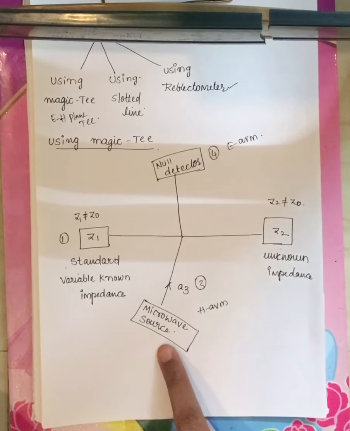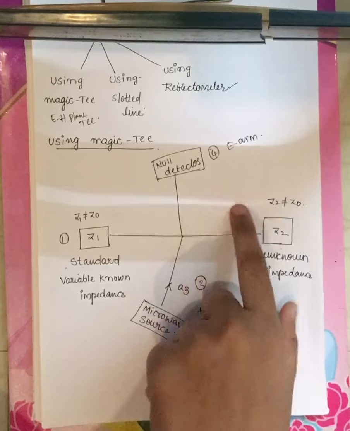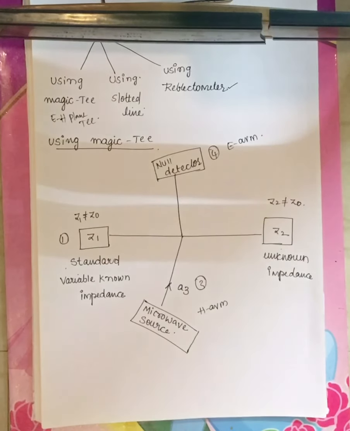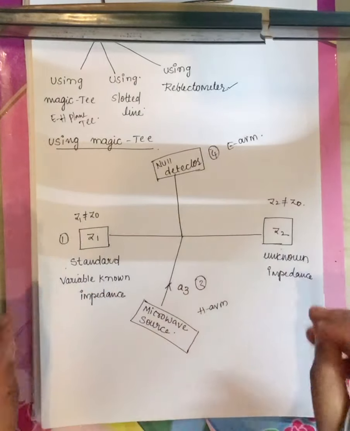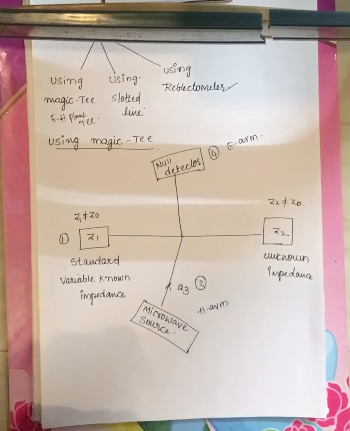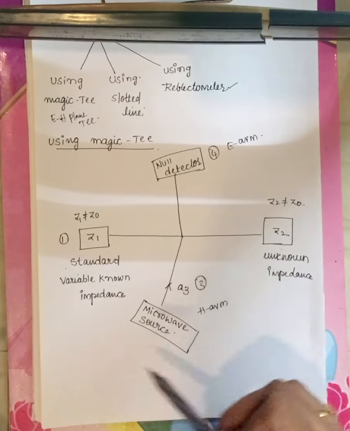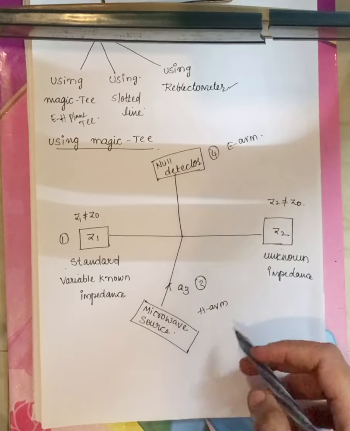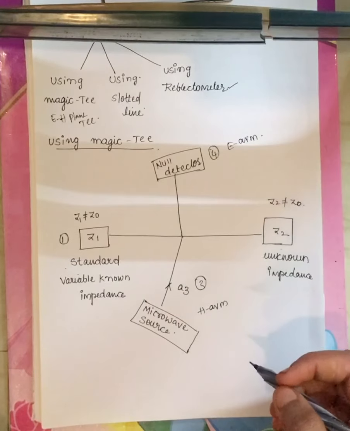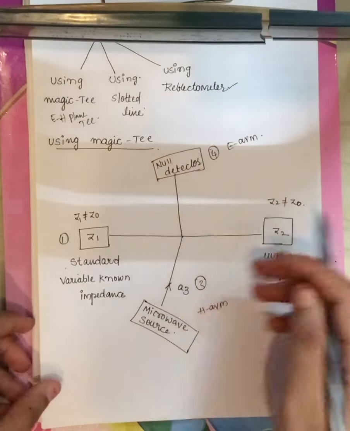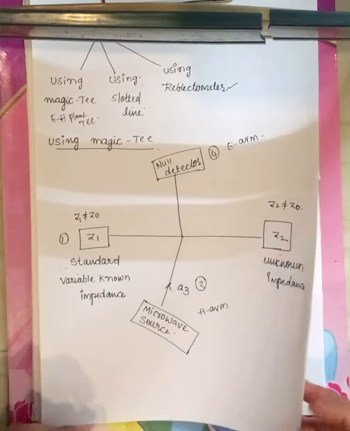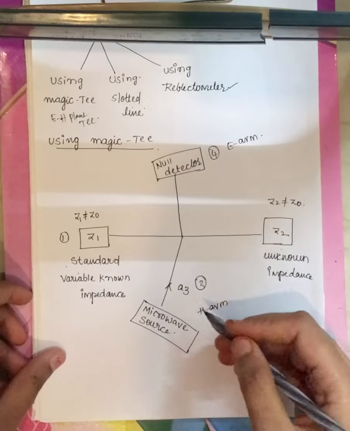And the microwave source, in order to generate a signal, is connected at port 3, and at port 4 a null detector, right? In order to match this bridge, we will connect the null detector at your port 4. Now this is about the connections of these devices to your magic T, so that we can measure impedance. Now let us see how the impedance is measured using the magic T, right?